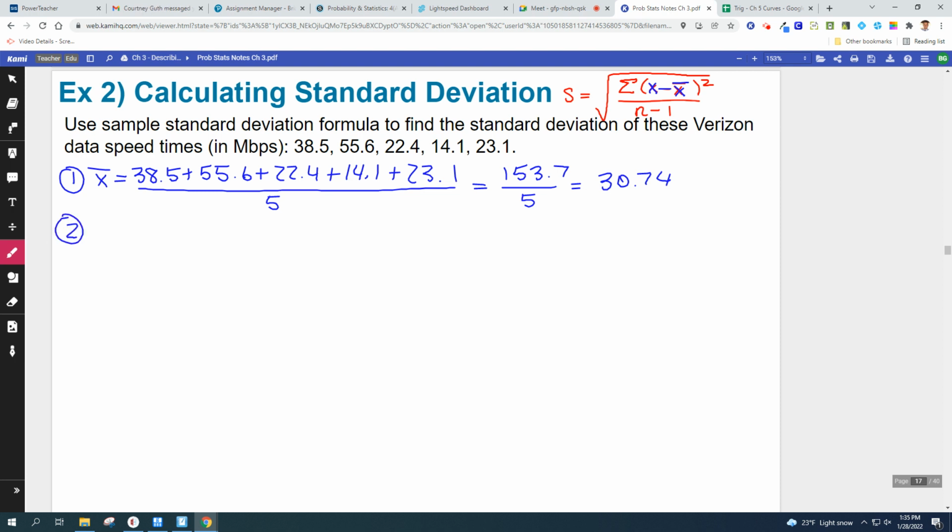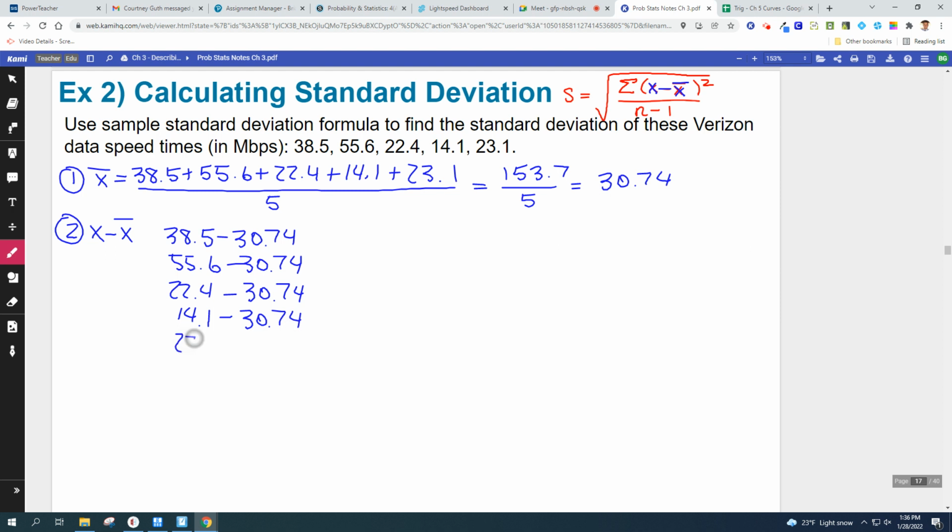So when I do step 2 and I'm doing x minus x bar, what I have to do is take 38.5 minus the mean of 30.74, and 55.6 minus the mean, 22.4 minus the mean, 14.1 minus, and 23.1 minus. Each of the x numbers minus the mean.